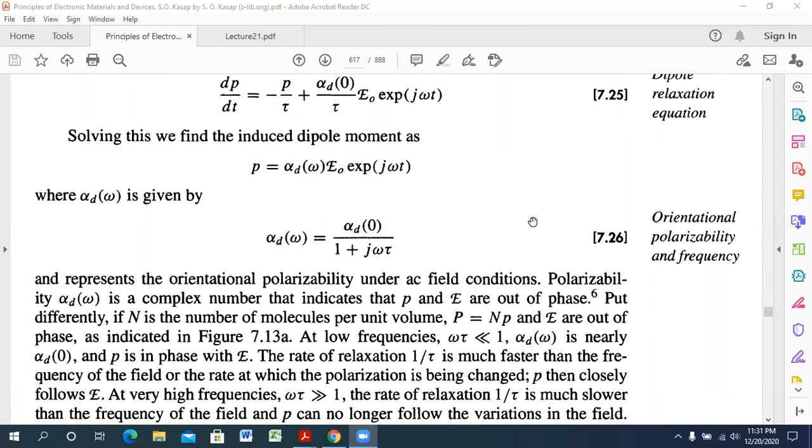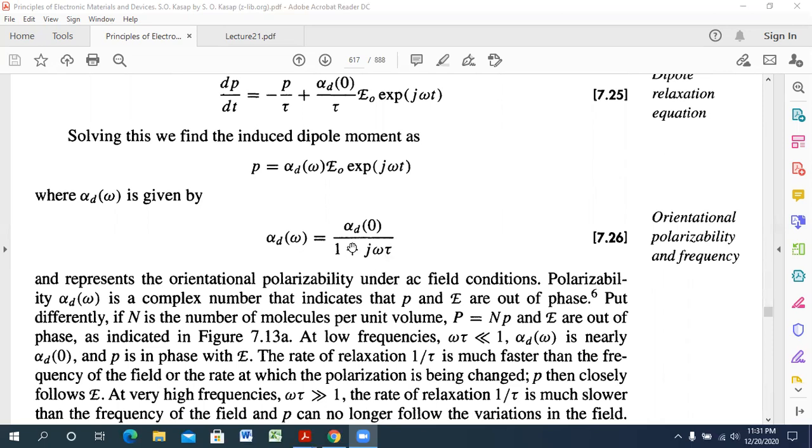If we decrease the frequency, that means if we decrease the omega value, then alpha d omega equals alpha d 0. That means for low frequency, alpha d omega should equal alpha d 0.